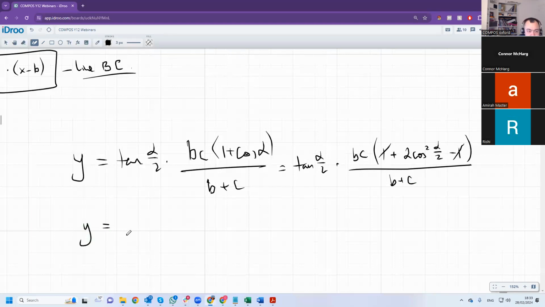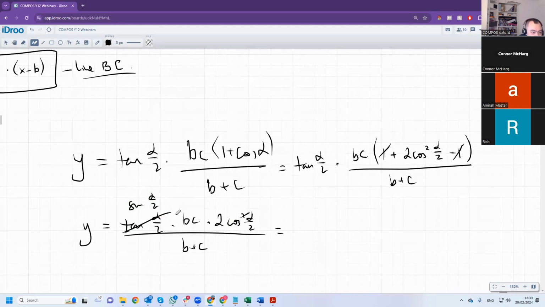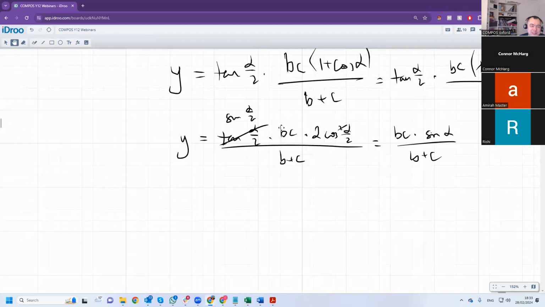So y is equal to tan alpha over 2 multiplied by bc multiplied by 2 cos squared alpha over 2, all over b plus c. And that's equal to, so it cancels with this, and this becomes sine alpha over 2. And this becomes bc multiplied by sine alpha over b plus c. Okay, a lot of trig here, somewhat unexpected, but yeah.